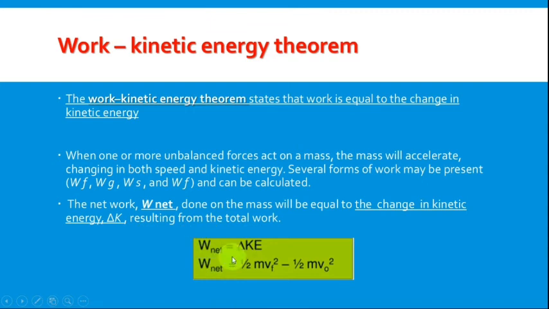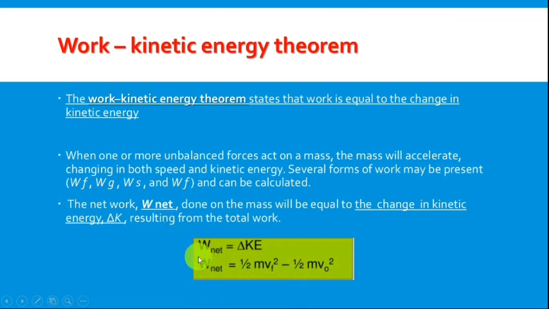While you are pushing a book on the table, there are two forces acting on the book: the applied force from your hand and the force of friction. So there are two works on the object. You find the net work first, then you substitute in the formula and solve it with the change in kinetic energy.